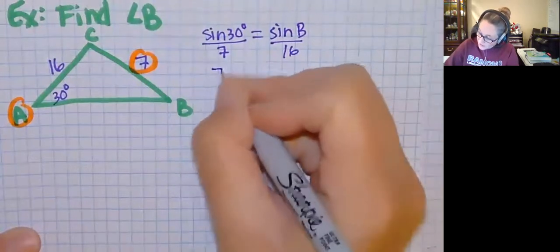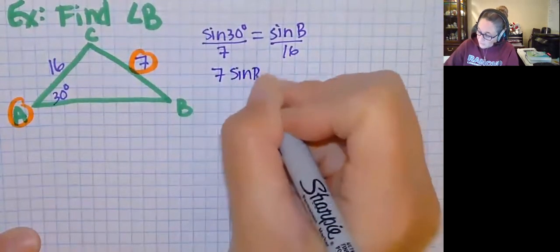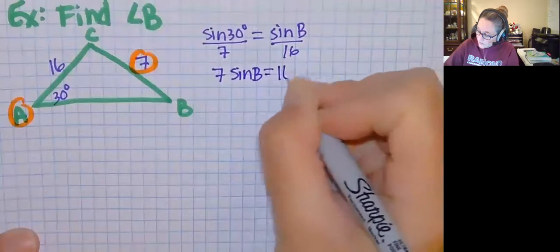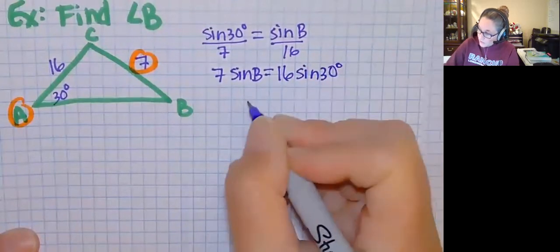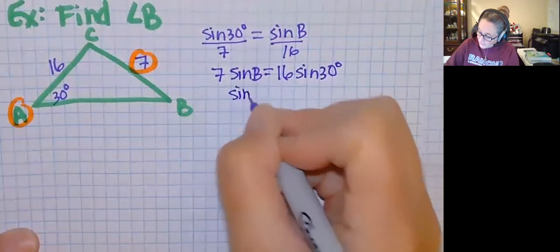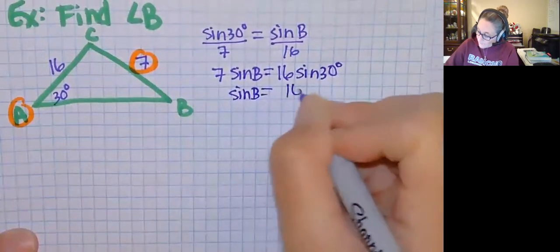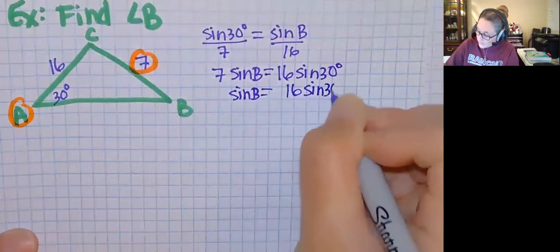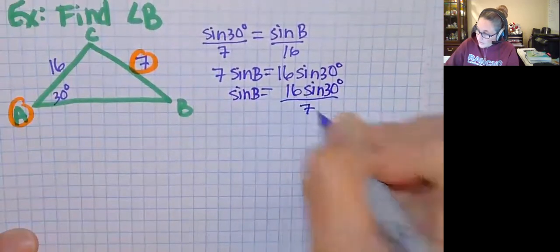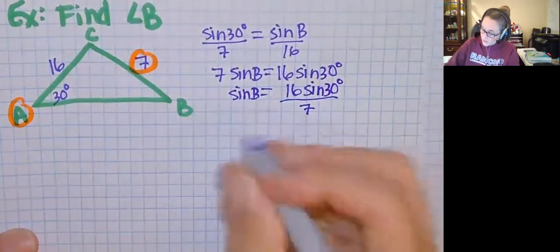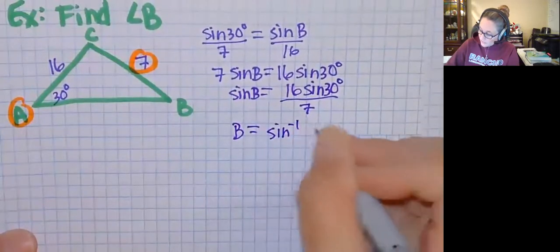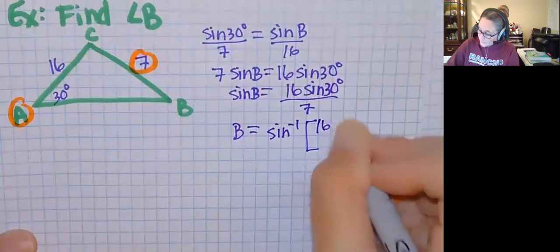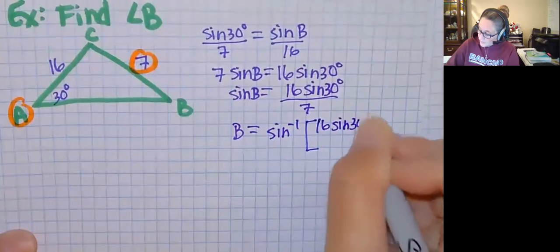So I get 7 sine B equals 16 sine 30. I'm going to divide by the 7. And then again, to find the angle B, I'm going to take sine inverse. And let's see what happens with this.